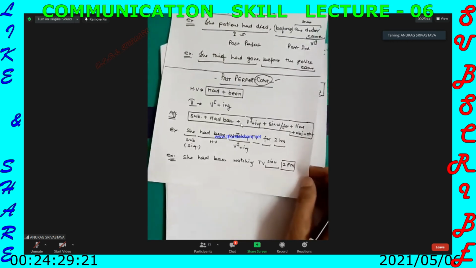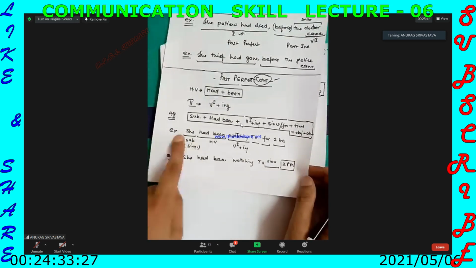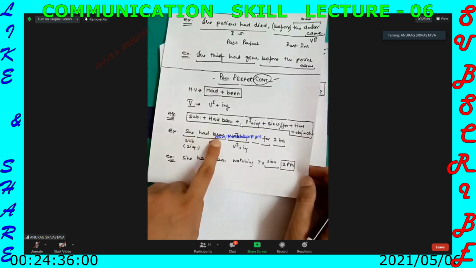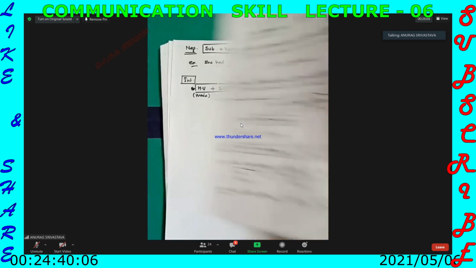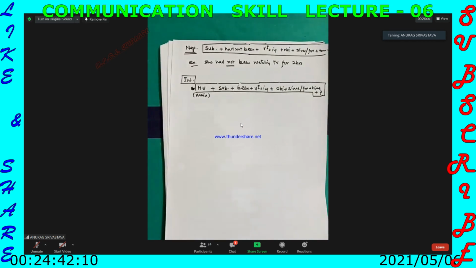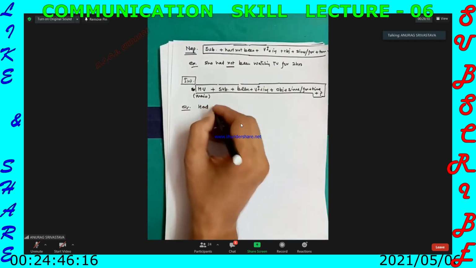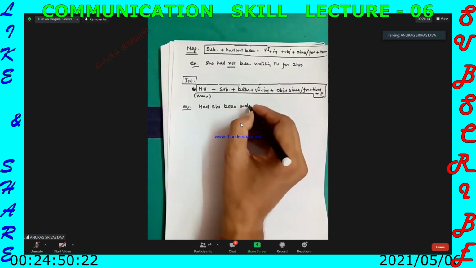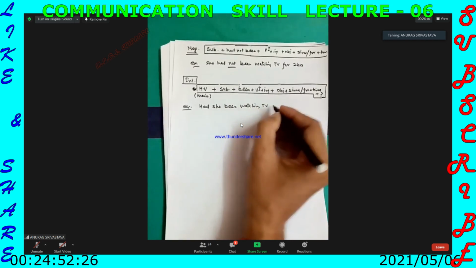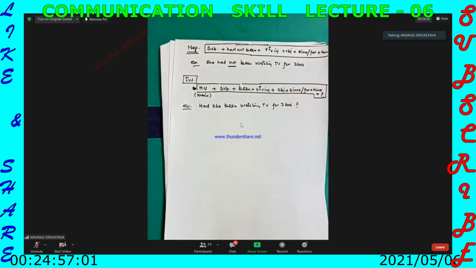The had that appears in the middle moves to the very first of the sentence. It becomes: had she been watching TV for 2 hours. And just after hours, we will place a question mark. So the example becomes: had she been watching TV for 2 hours? It is the interrogative form of the same sentence.